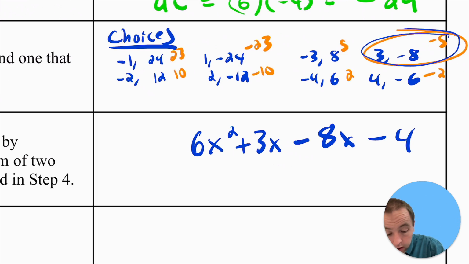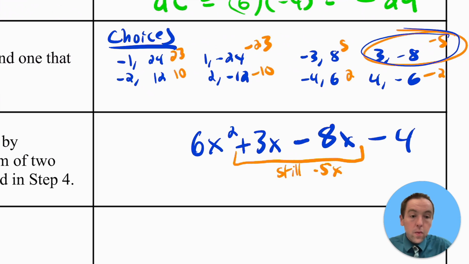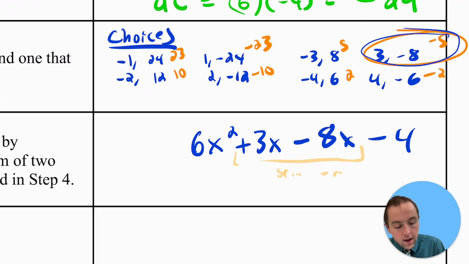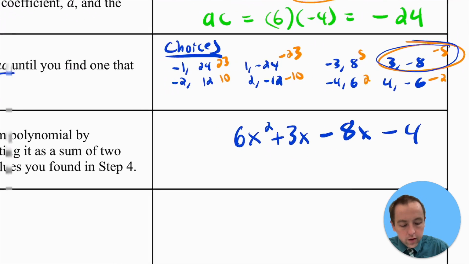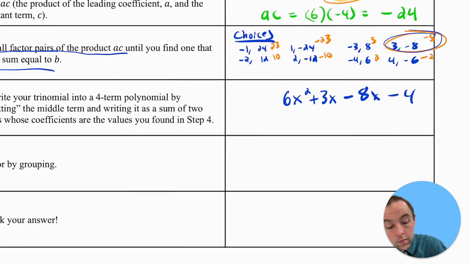Notice that if I were to simplify that, it's still the same thing as negative 5x, right? But we've just split it up into those two separate terms. Why? It just turns out that when we pick those particular numbers, we can factor this 4-term polynomial by grouping, okay?